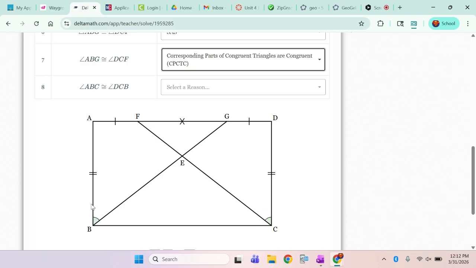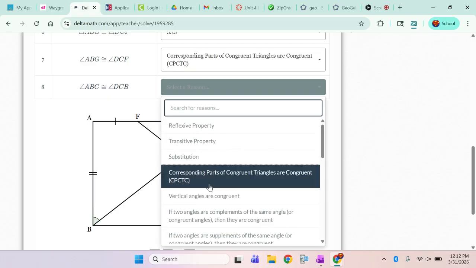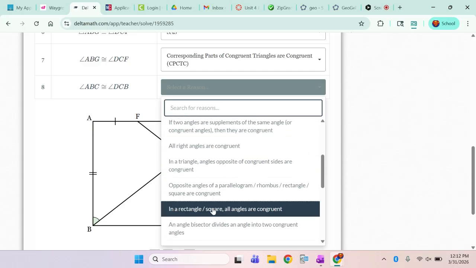Not technically, because these angles are technically not part of the triangle, but they are part of another shape. What's the overall big shape? Rectangle. So both those angles will equal what? 90. So again, it's just because all angles of a rectangle are congruent.